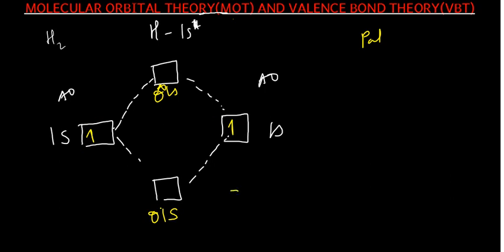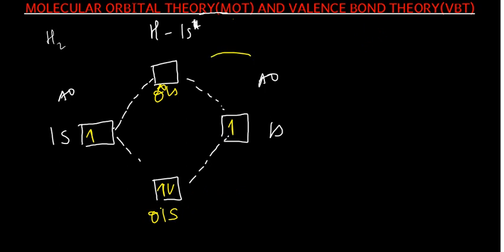You first fill the lowest available energy orbital before you go to the higher orbital. So that means the two electrons which are present, we are first going to fill them in here. So all the two electrons have been taken up just by the sigma 1s orbital.